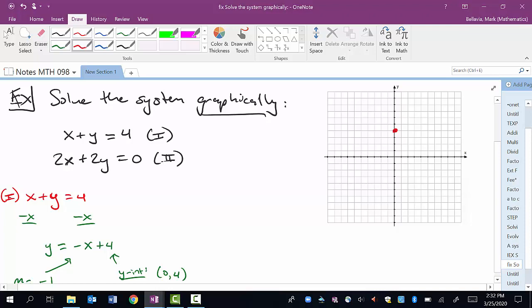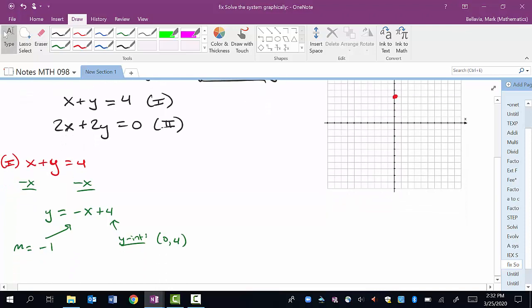And then you want to use your slope to move around from that point. Well, negative 1, remember, is the same as negative 1 over 1. So the numerator tells you you're going to go down 1 because it tells you about your change in y. Over the denominator tells you about your change in x, so that tells you you're going to go right 1.